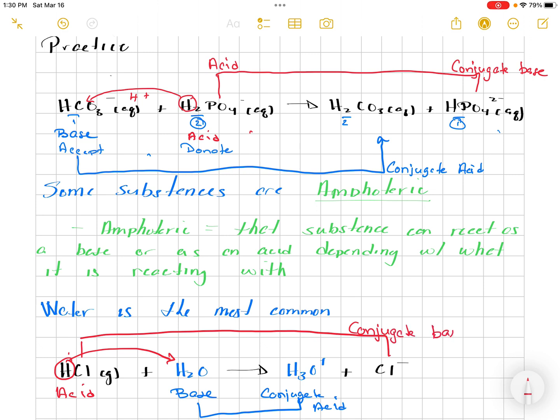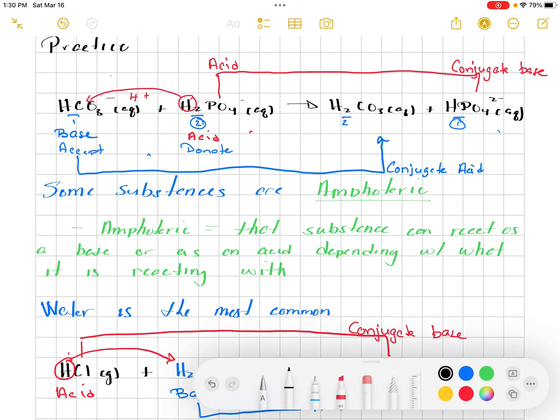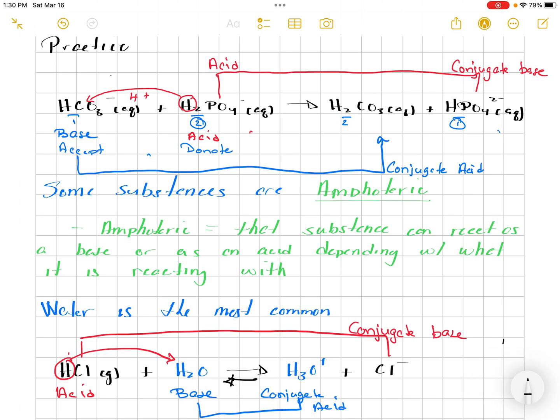Now, remember, this is assuming that this equation is in equilibrium. So if it goes back in this direction, this would be the acid, and this would be the conjugate base. So here you can see that water is acting initially as a base because it's accepting that proton.